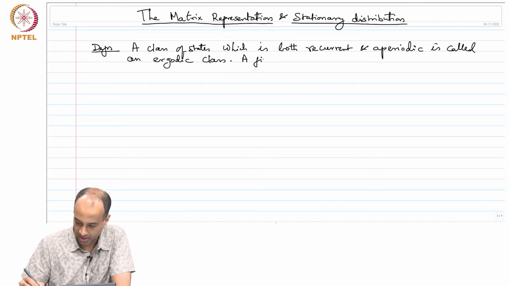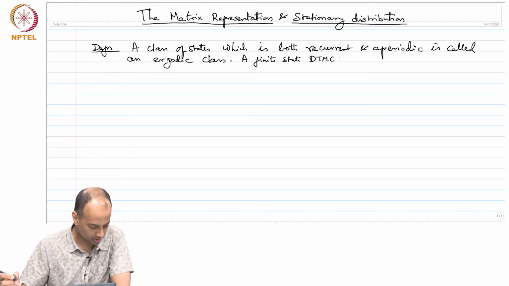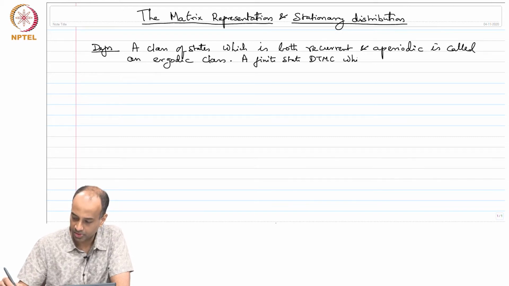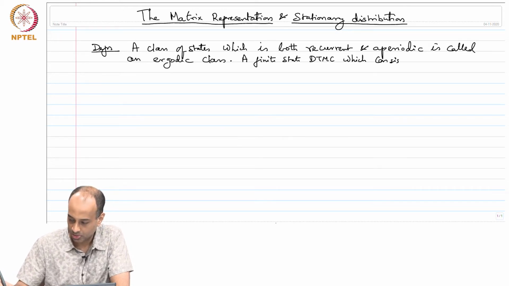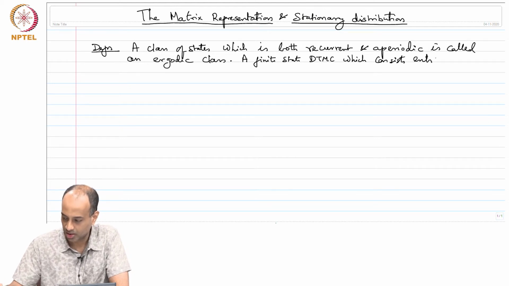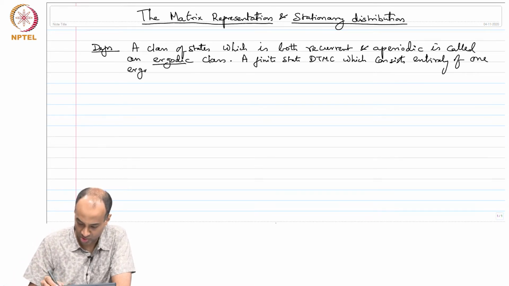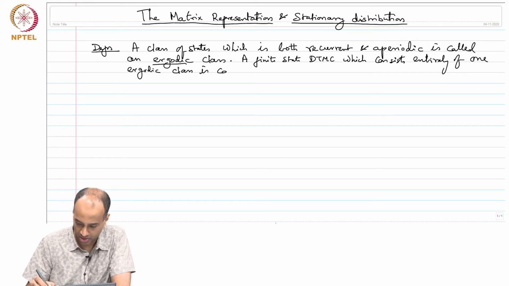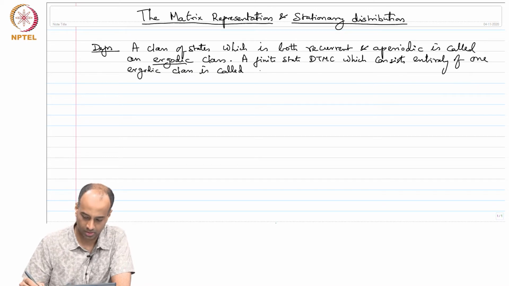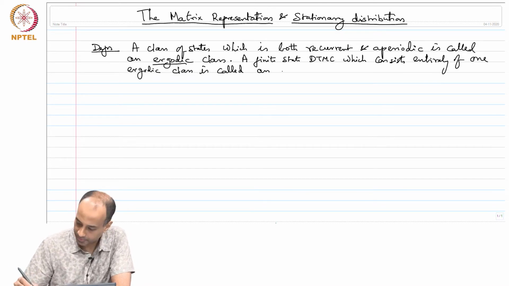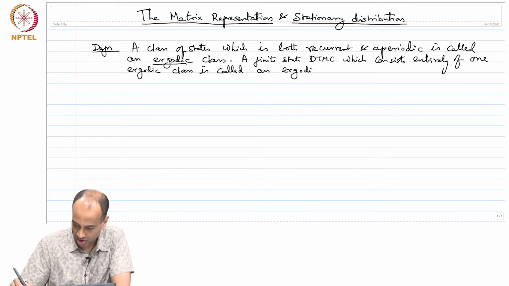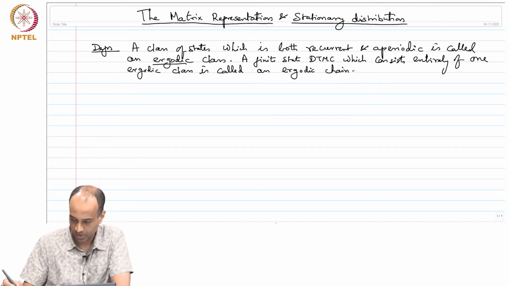A finite state DTMC which consists entirely of one ergodic class is called an ergodic chain. This is just a definition.